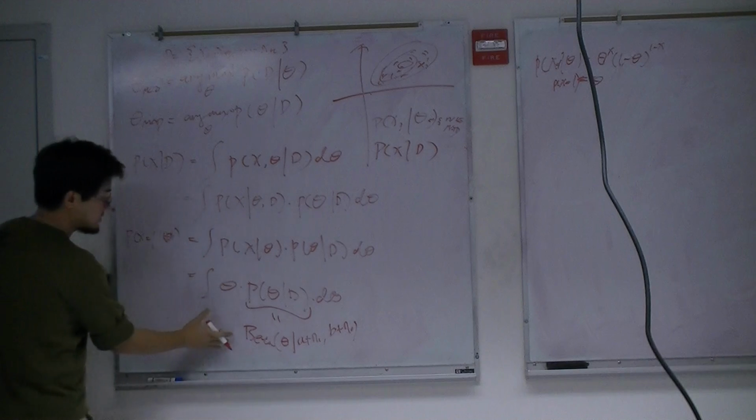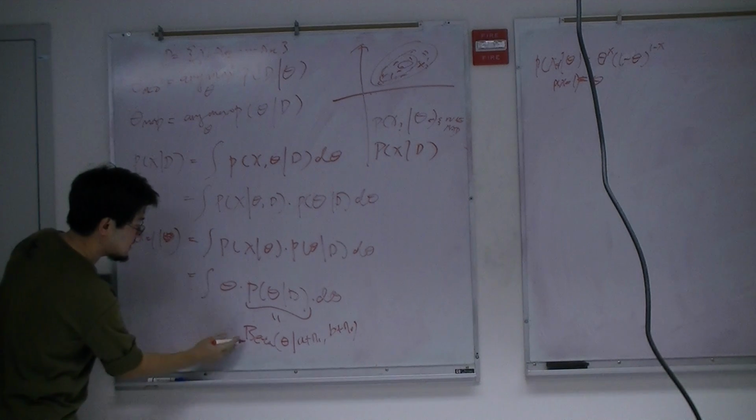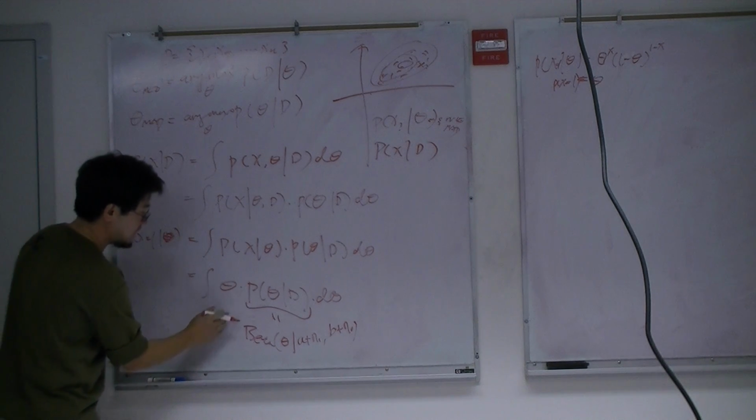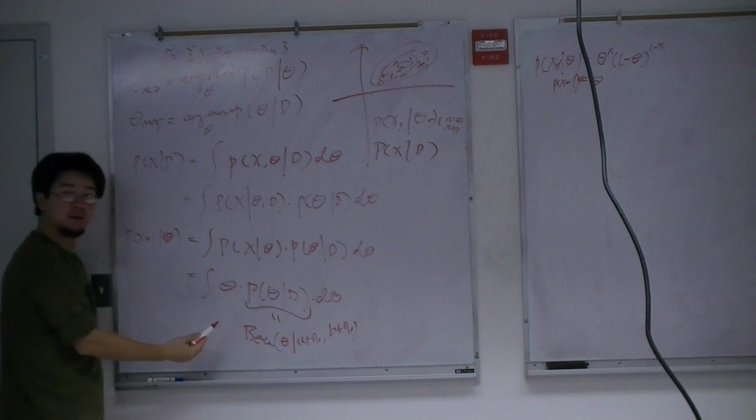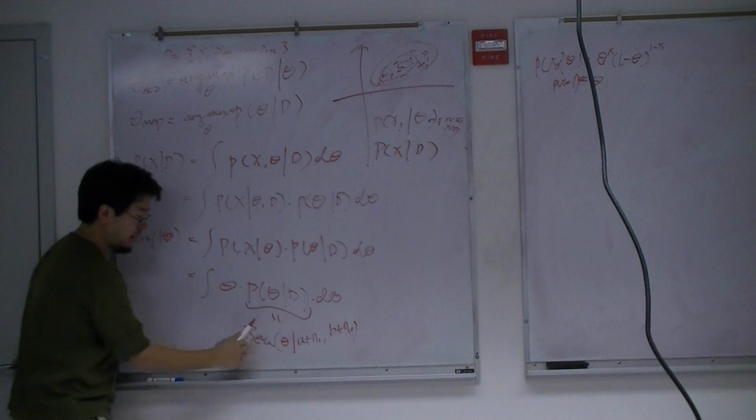And look at this. This is actually the expectation of theta given D under this distribution.